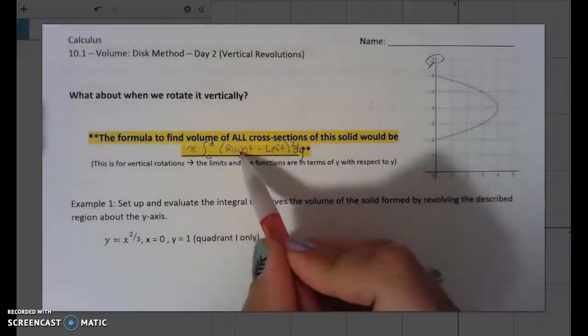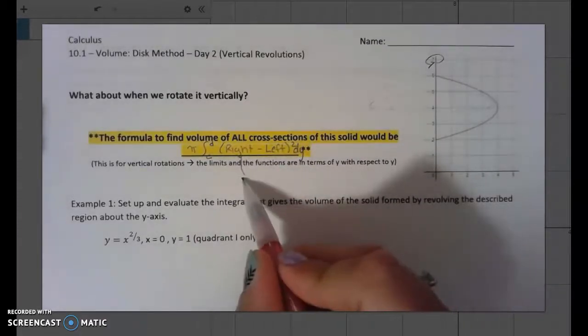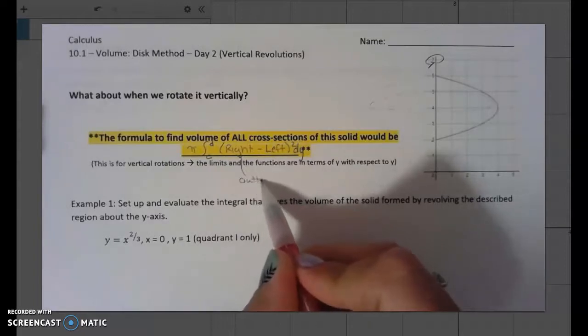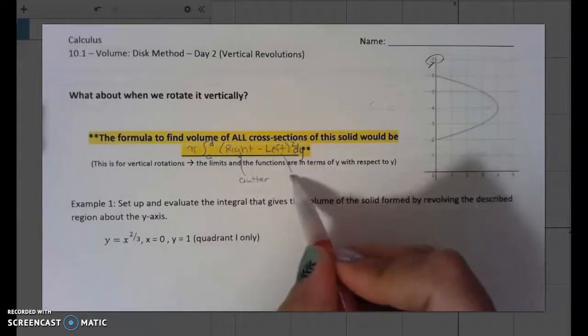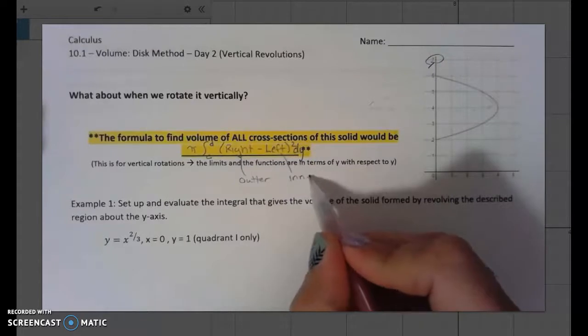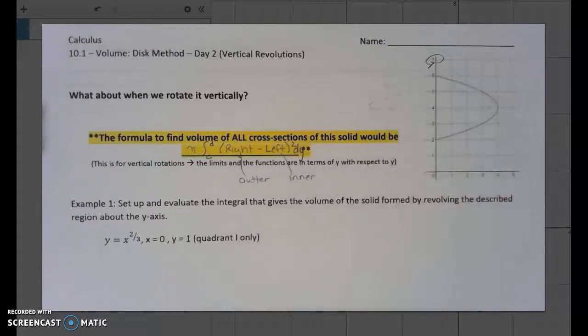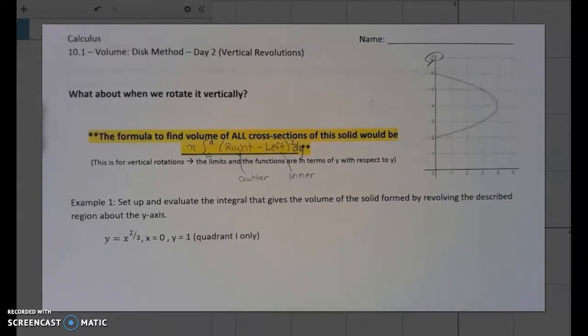So you might hear me call the right function the outer function, and the left function the inner function, or the inside and the outside function. Sometimes it just looks a little bit different, and sometimes hearing the word outside and inside helps get a better idea of what we're talking about here. Okay, it's the same equation, just using right and left and making sure everything's in terms of y.